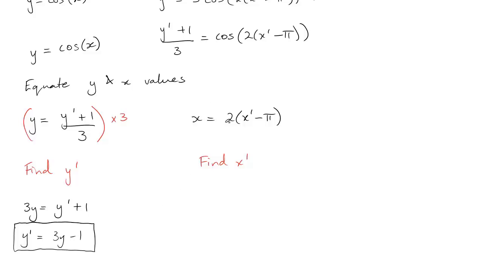With this one, we have to first divide it by 2 to get rid of that 2 there. So we've got x over 2 equals x dash minus pi, and then x dash becomes x on 2 plus pi.